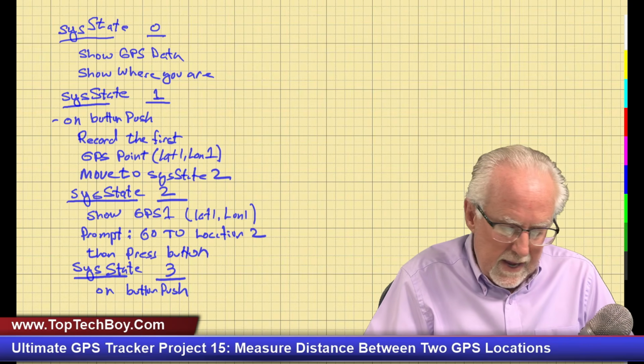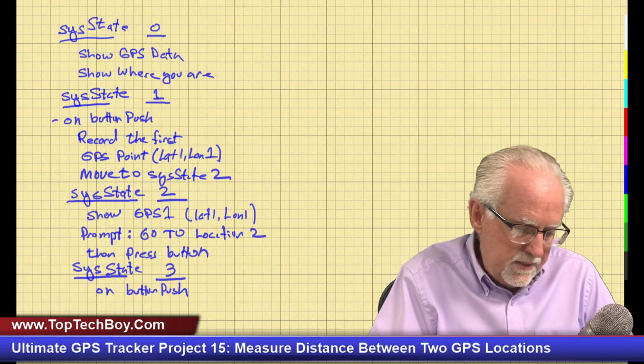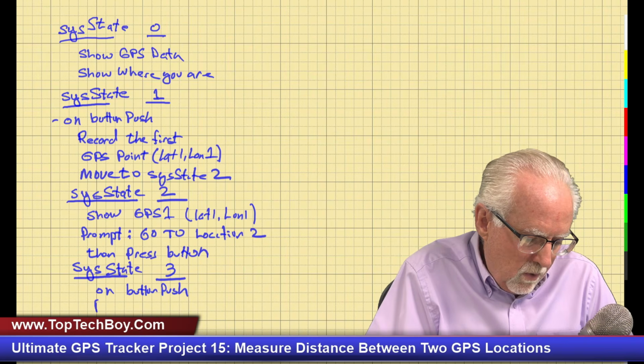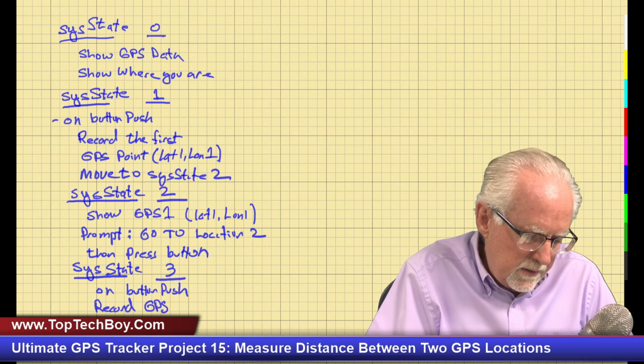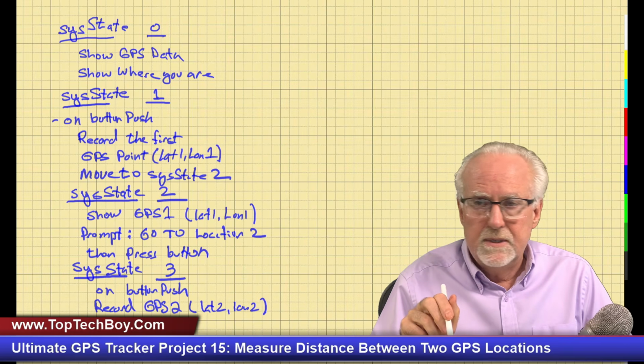And I get there on a button push. So what do I do on sys-state 3? I record GPS 2, which is going to be lat 2 and lon 2. Now I've got my first position, my second position.